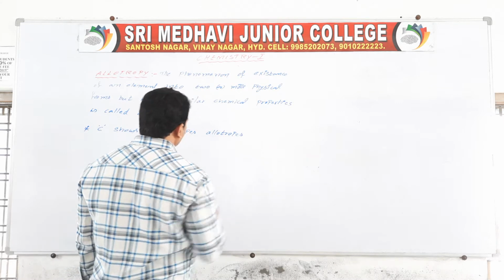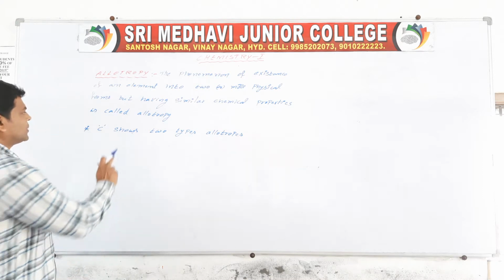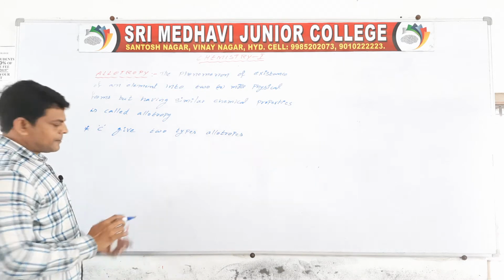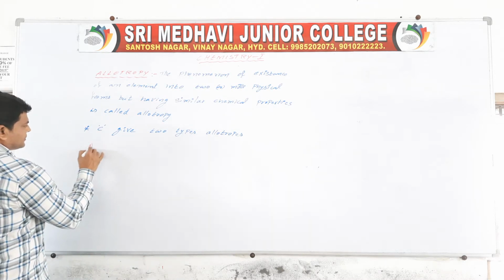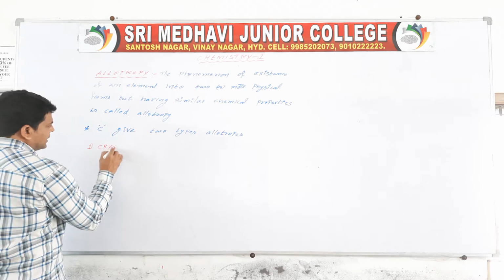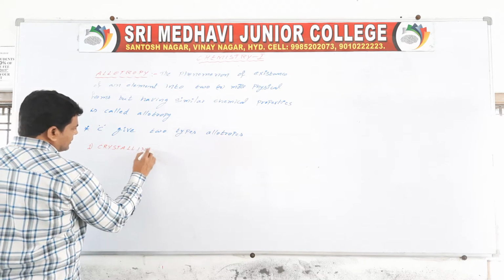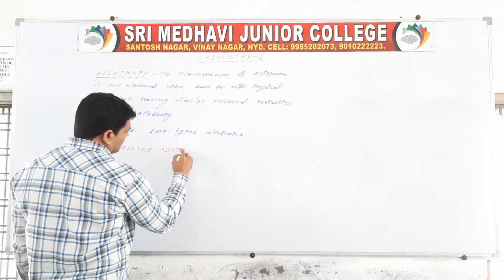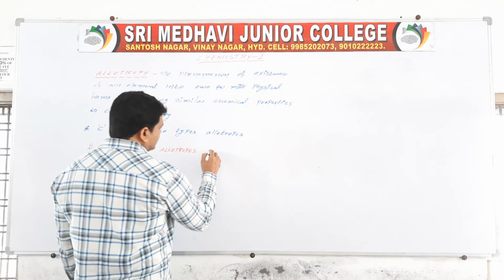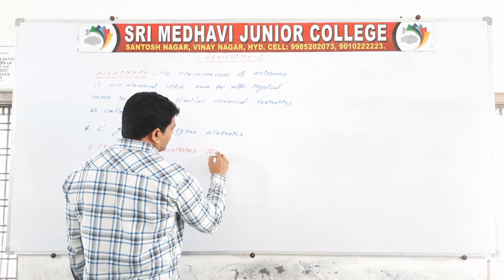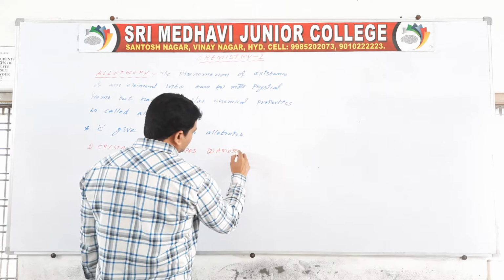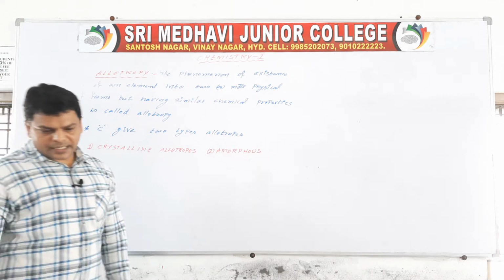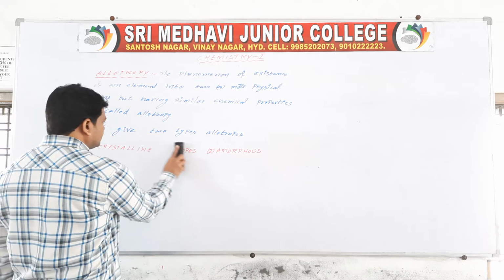The first one is crystalline allotropes, and the second one is amorphous. Crystalline and amorphous.